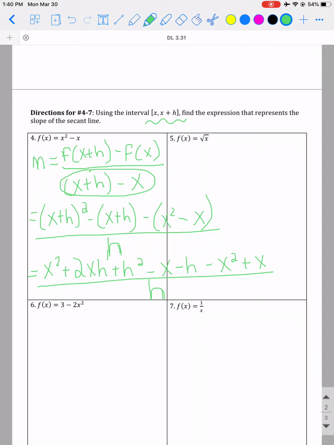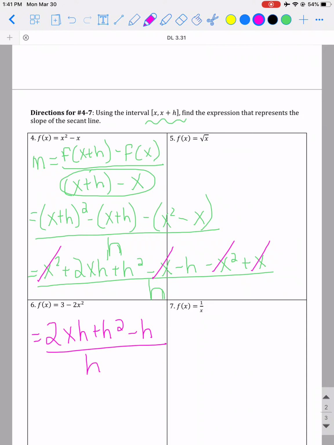Okay, and then we can look to simplify our numerator. So this x squared and this x squared will cancel out. This x and this x will cancel out. So we're left with 2xh plus h squared minus h all over h. And we could simplify that further by taking out h as a greatest common factor on the top.